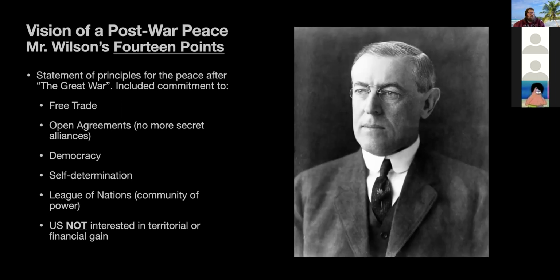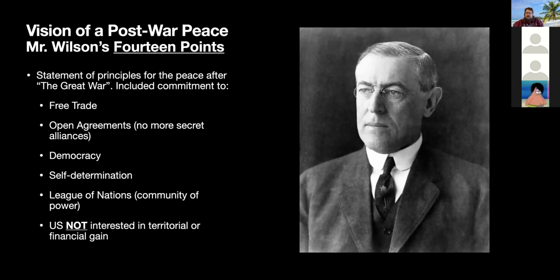This was the 14-point speech, Wilson's 14 points, which was sort of his plan for the post-war peace. This included things like free trade. Wilson was one of the first people that was really talking about the notion of taking down trade barriers, which is kind of like what NAFTA and the WTO and those sorts of things do today.